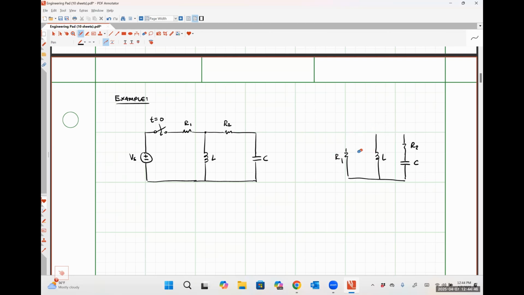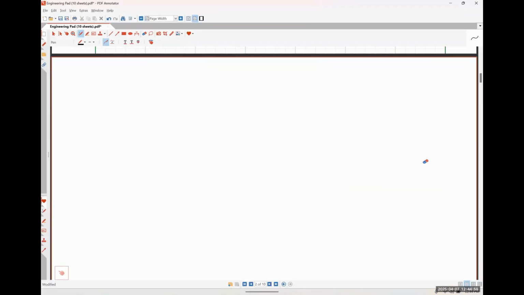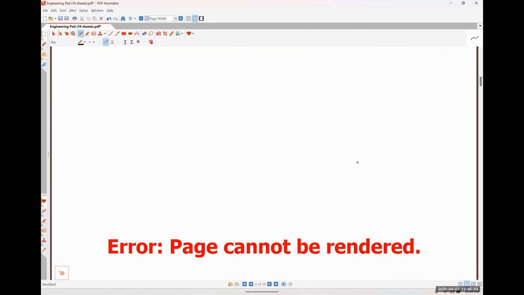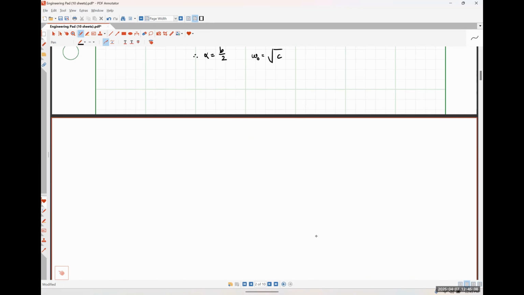Okay. So generally speaking, we're going to have to use some combination of Kirchhoff's voltage law. Oh, goodness. How did the whole page go away? I've literally never had that happen before.